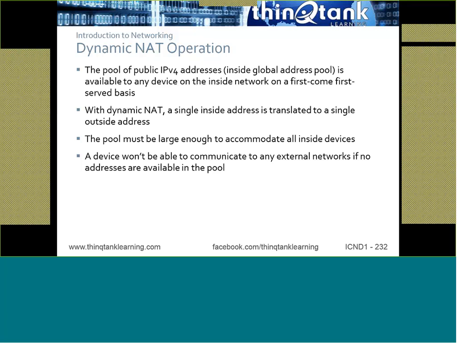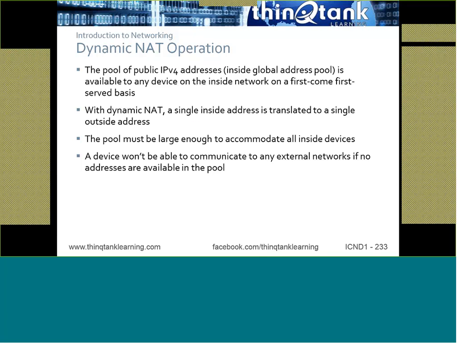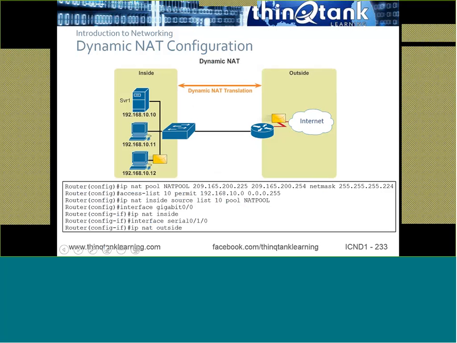All right? So how does dynamic NAT configuration look? Well, it's a little bit more complicated than static NAT. But you can see it's still not that difficult. It's still only a few commands here. Not a whole lot of commands.